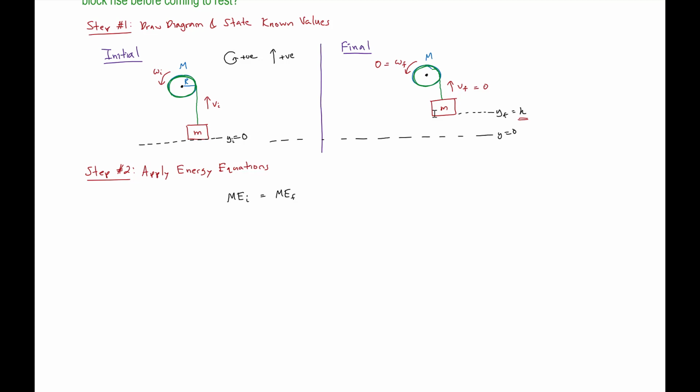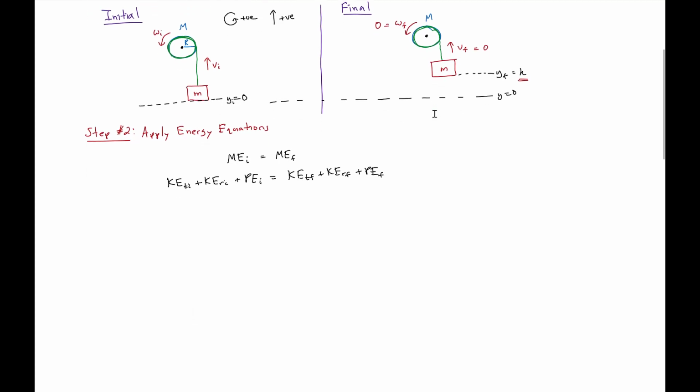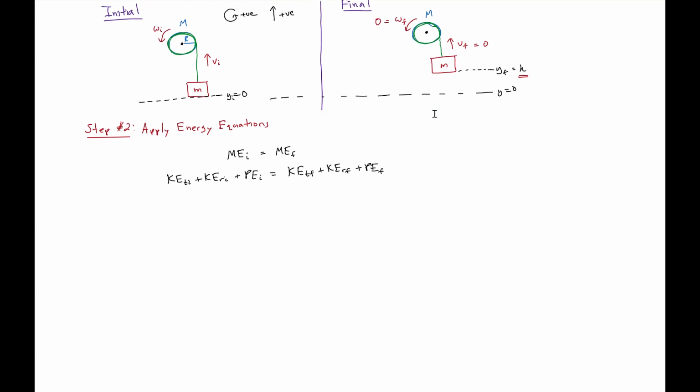MEi is equal to MEf. We have the initial translational kinetic energy plus the initial rotational kinetic energy plus the initial potential energy. And we have the final versions for each of these as well. This means we're going to have to write all of these out.